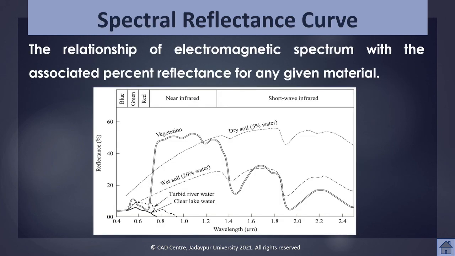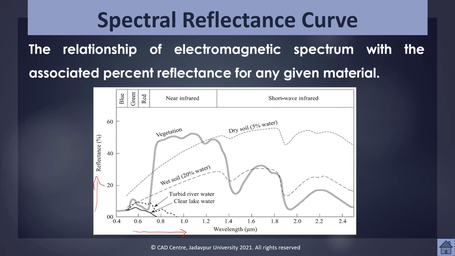Now, the spectral reflectance curve is another important issue that needs to be discussed in remote sensing. A spectral reflectance curve shows the relationship of the electromagnetic spectrum with the associated percent reflectance for any given material. In this figure, the x-axis represents different wavelengths and the y-axis represents the percent reflectance.